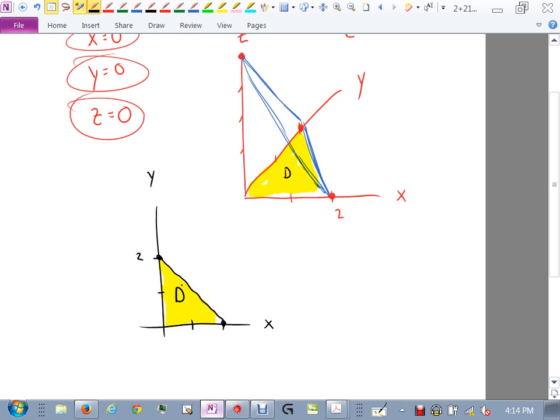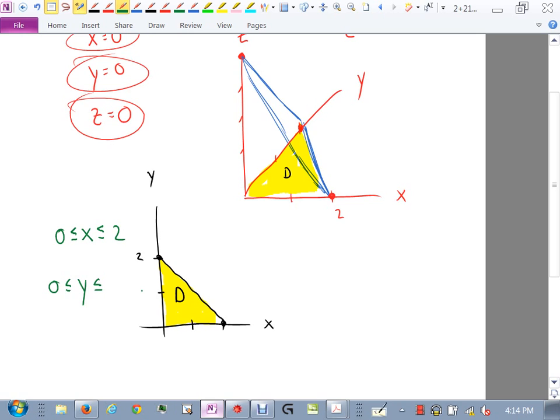What type region is D? Type 1 or type 2, but type 1 works out pretty good here, right? If I look at that as type 1, x is between where and where? 0 to 2. y is between 0 and... we can get this one by just looking.